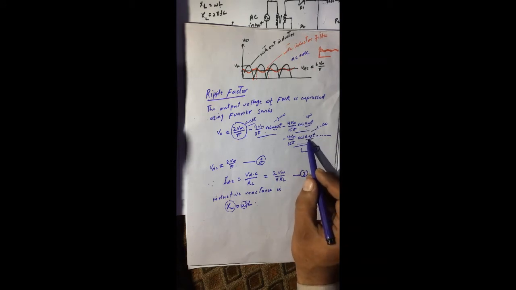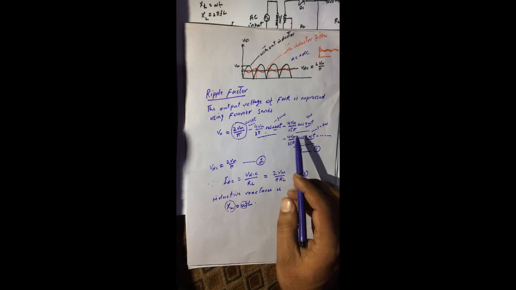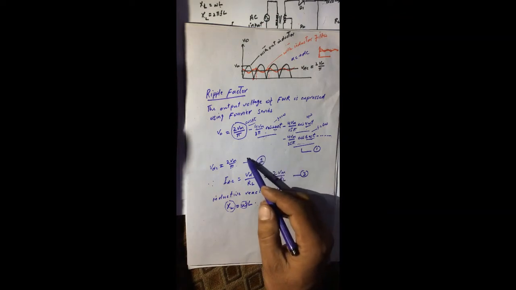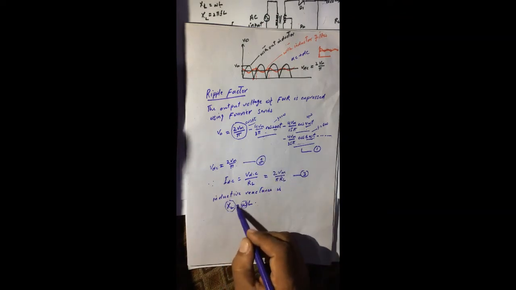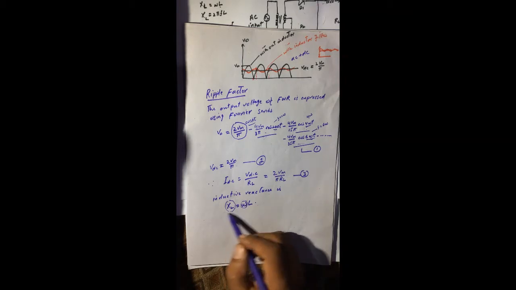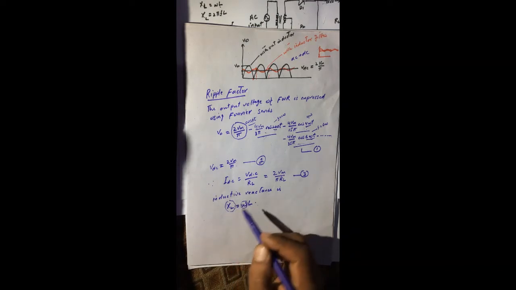The fourth harmonic is of frequency 6 omega. As the frequency is increasing from term to term, the inductive reactance also increases. Inductive reactance, which is directly proportional to frequency, also increases from second to third and so on.